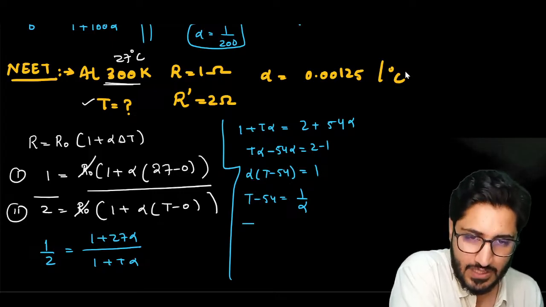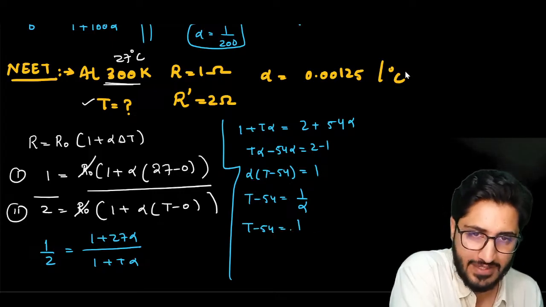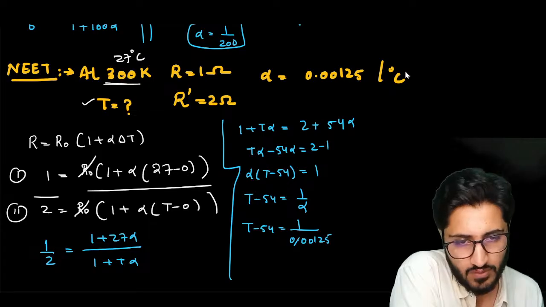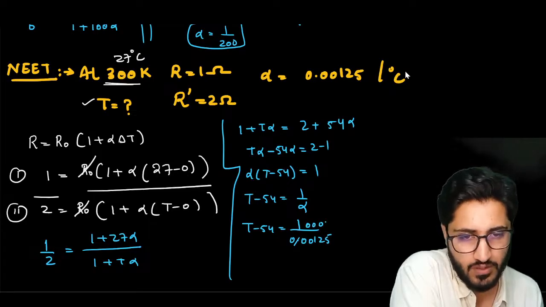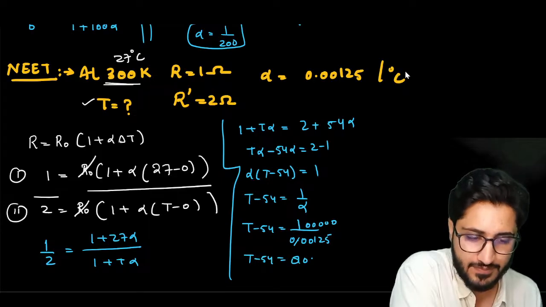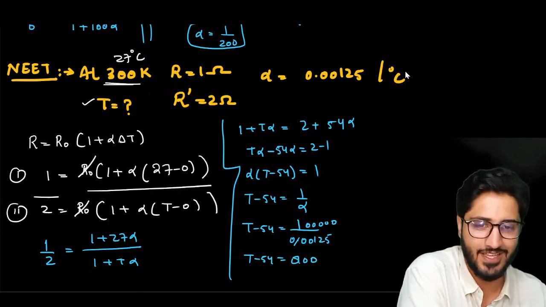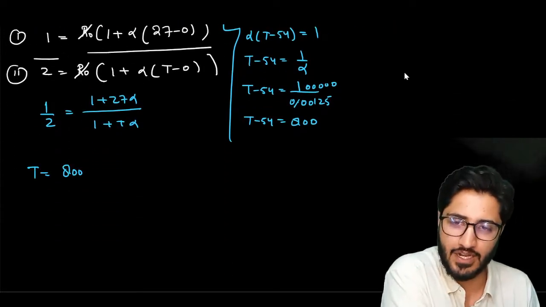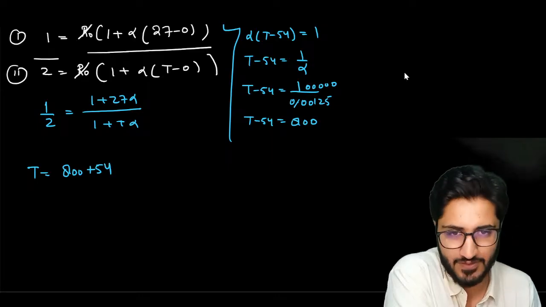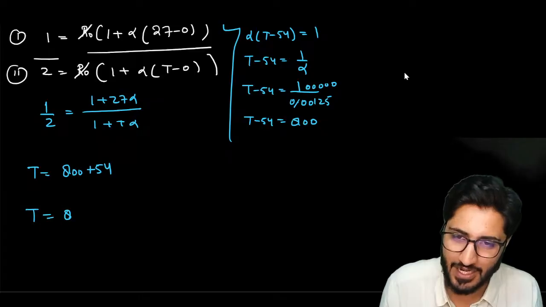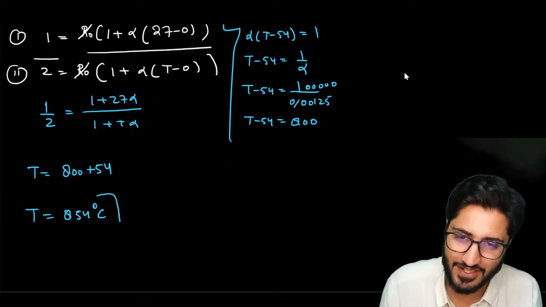Now T minus 54 equals 1 by alpha. Alpha is 0.00125. So look, the 0 cancels out. It is 1, 2, 3, 4, 5. So T minus 54 equals 800. So what is T now? T came out to be 800 plus 54, so T is 854 degrees centigrade.